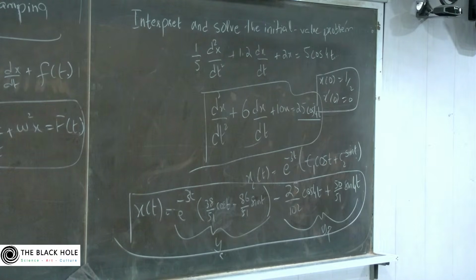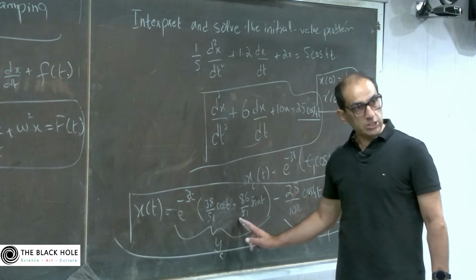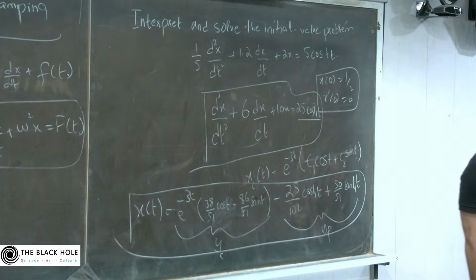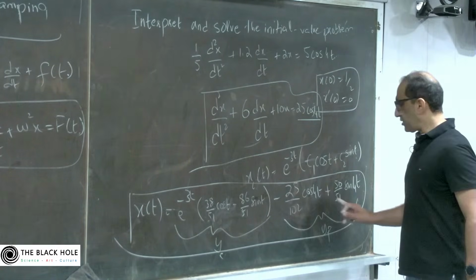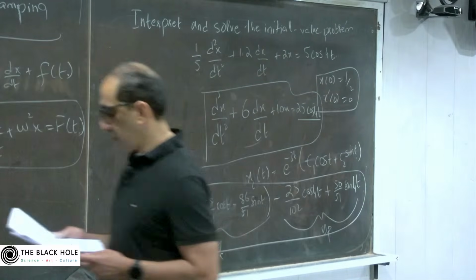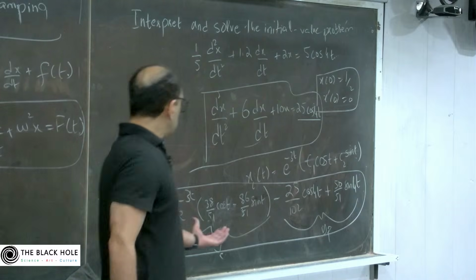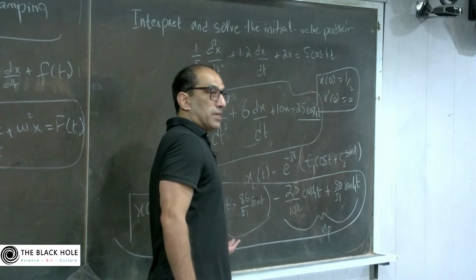So the initial value problem will affect the natural response, because these were the ones where the C1 cosine of t and C2 sine of t appeared, and you have to calculate those, but these two had nothing to do with the initial value problem. Excuse me, sir.